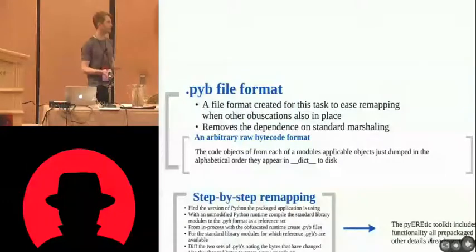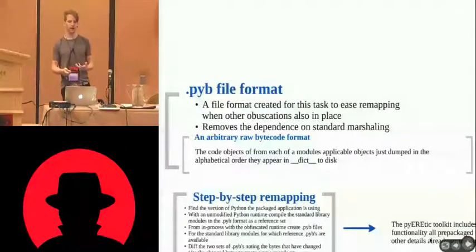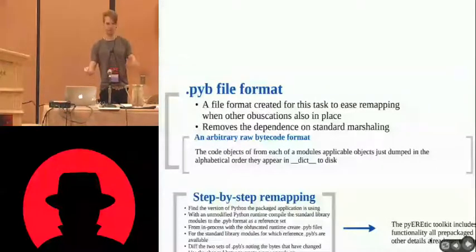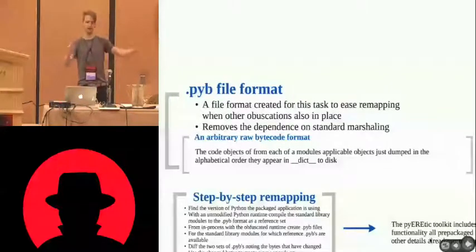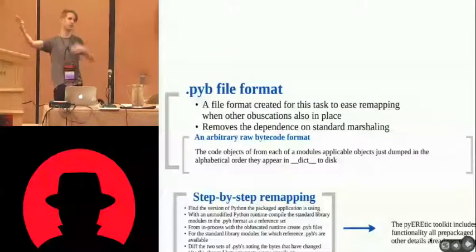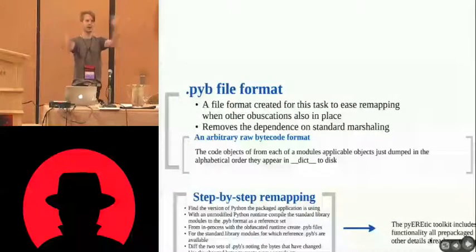a file format, which is probably a bit of a grand name for it, but a PYB file. This is taking the co_code objects from a variety of these modules, the standard library modules, and serializing them, literally just rawly concatenating them into a file in a predictable way. Do this for the standard reference Python, do this for your obfuscated Python, and then collide these two streams to get your opcode remapping.